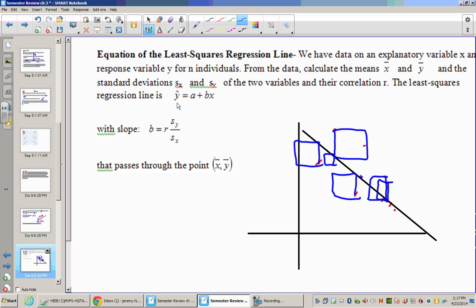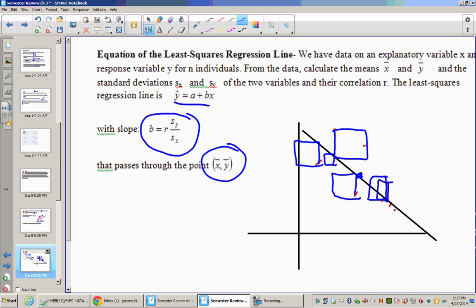The least squares regression line is written just like any linear function. There's another equation for slope where you can take your correlation, your r, and multiply it by the standard deviation of y over the standard deviation of x, and you'll always get the slope in that situation. One important thing to know is that this regression line always goes through the point x bar, y bar.